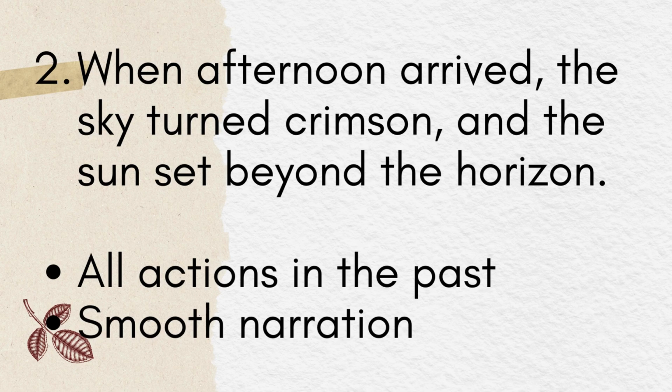Just remove the s and retain the word set. There, as you can see, if you read the sentence again, when afternoon arrived, the sky turned crimson and the sun set beyond the horizon. You can hear the smooth narration in past. All actions are in past.